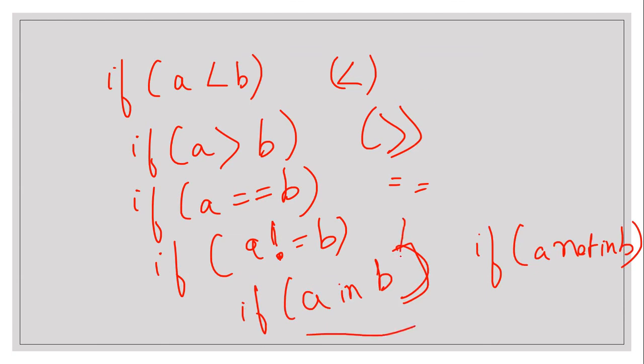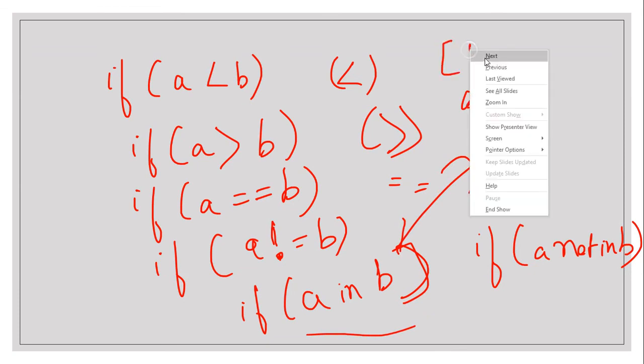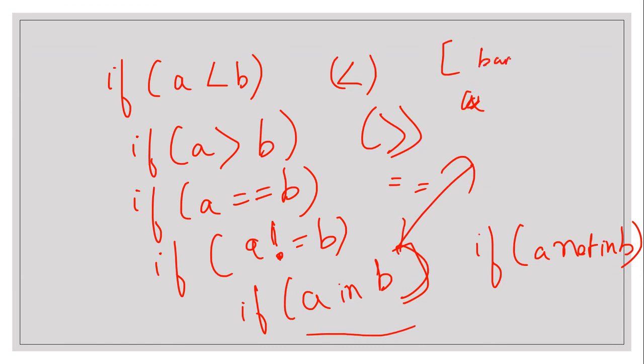For example, we have seen this one. Suppose this is banana, apple, and this is called a. I will write for item in a.